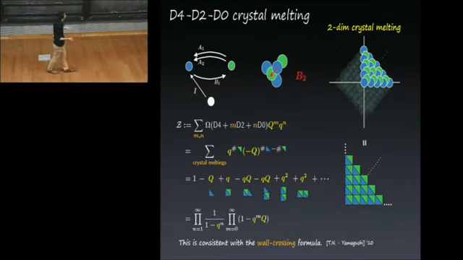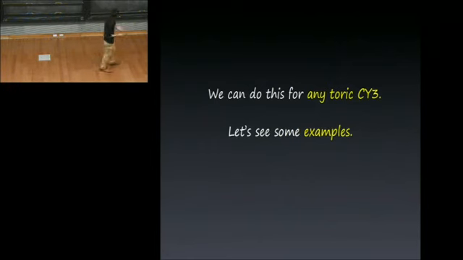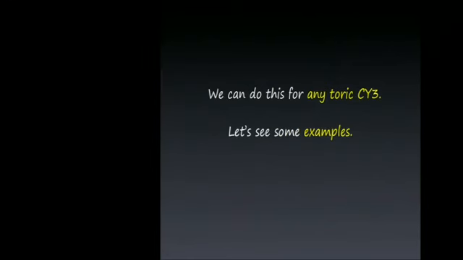Then we can show that this sum is rewritten as this product. And what is interesting is that this product, or this partition function, is consistent with the wall crossing formula of BPS indices, which has been recently studied extensively. OK, so this is a conifold example, but we can do this analysis for any toric Calabi-Yau 3-fold.